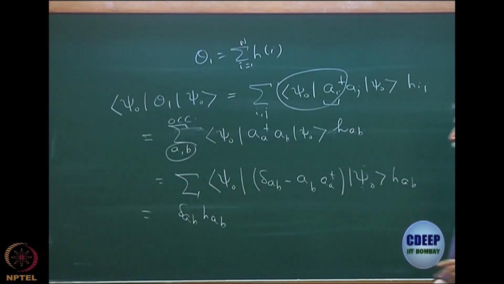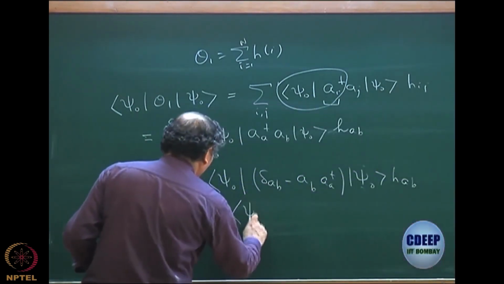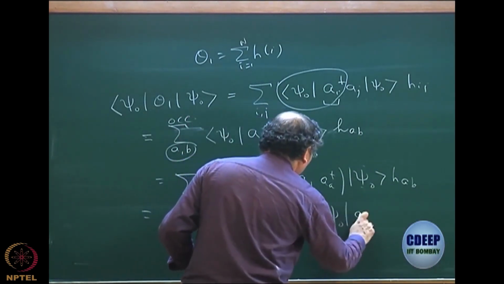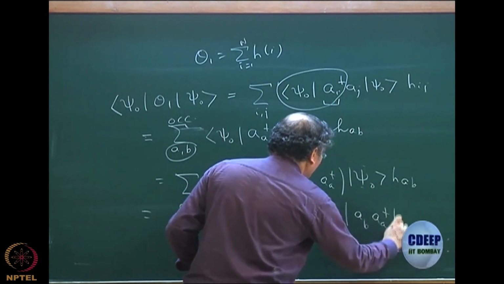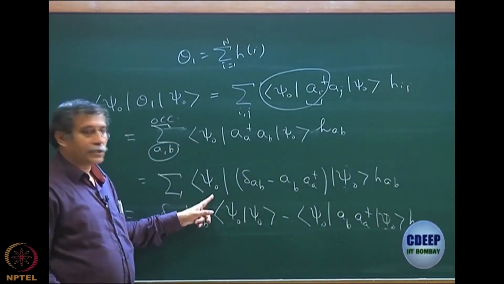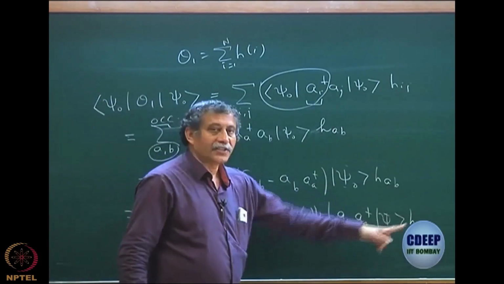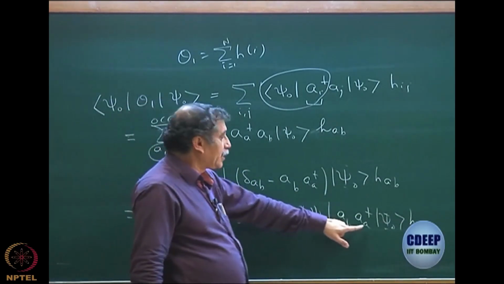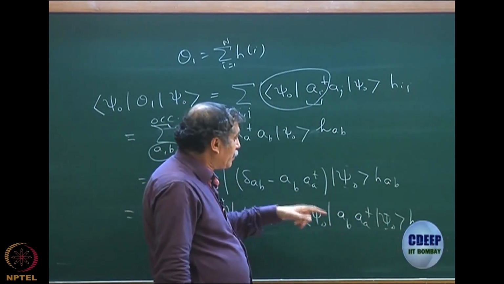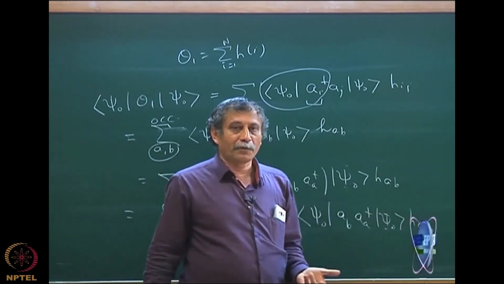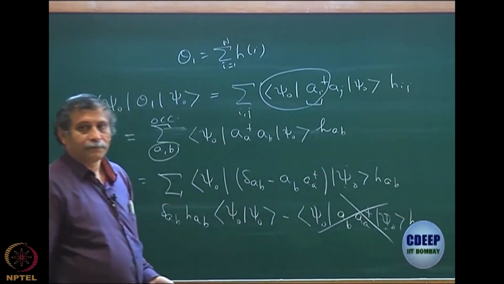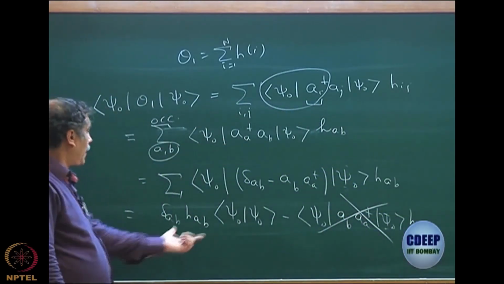So basically this is multiplied by ψ0. Then I have a second term which is minus ψ0 ab aa† ψ0 hab. That is the second term. Now you can see this is actually a hole annihilation operator. If this is a hole particle vacuum, it will become 0, or you can argue that I cannot create an occupied orbital in ψ0, hence this part is anyway 0. So this goes off, correct? So you are left with only this quantity.